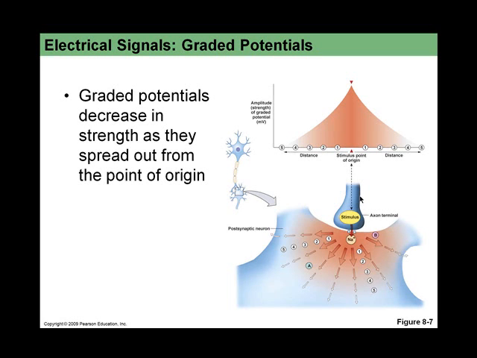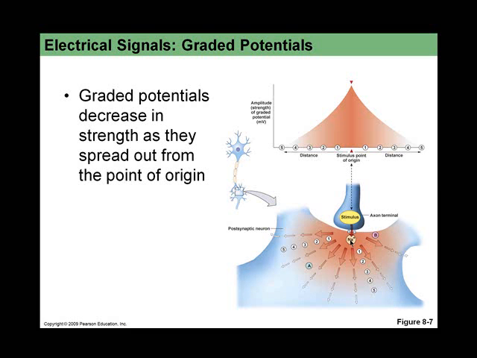Might even just be 800 milliseconds or something. So you only got 8 sets of pulses, and then that releases the transmitter to a certain degree, and then that is going to have that degree of effect on the postsynaptic ligand-dependent ion channels.